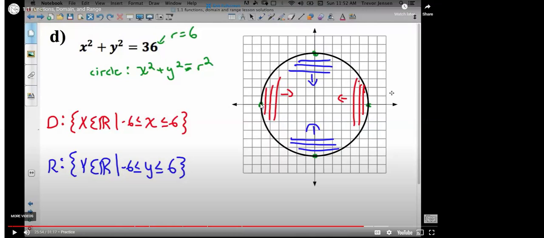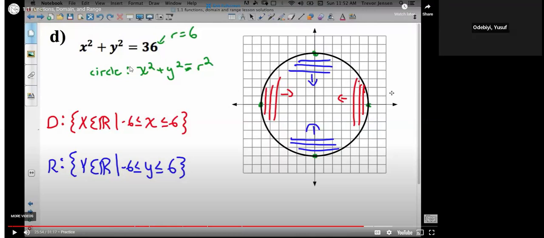It's -6 and +6. So my domain is between -6 and +6. And my range, since it's a circle, is going to be the same over here, -6 to +6. My y value can only be in between this area. My x value can only be in between this area here. Okay.